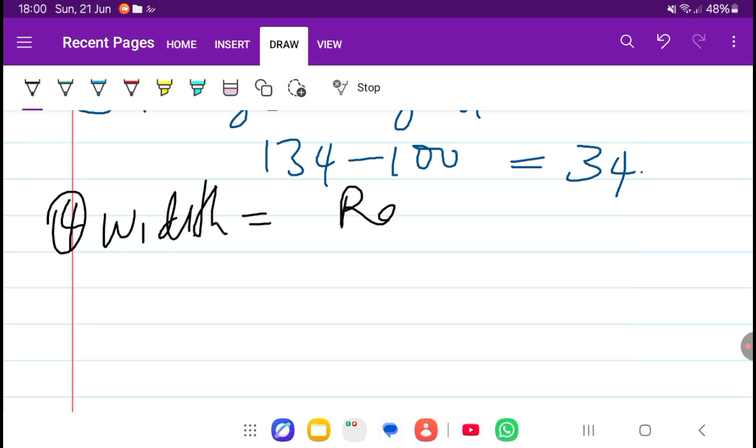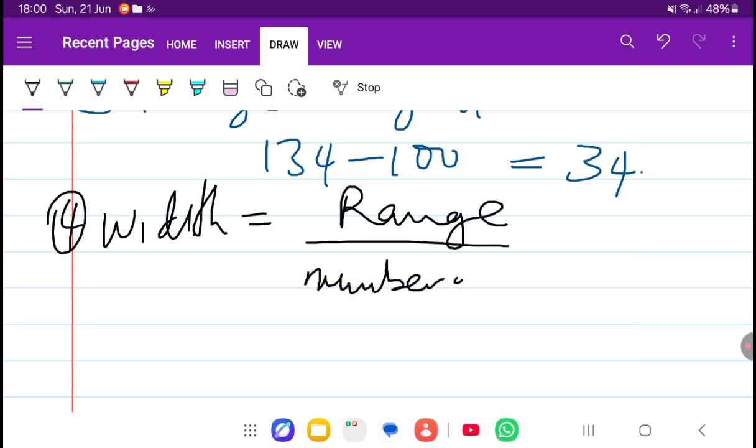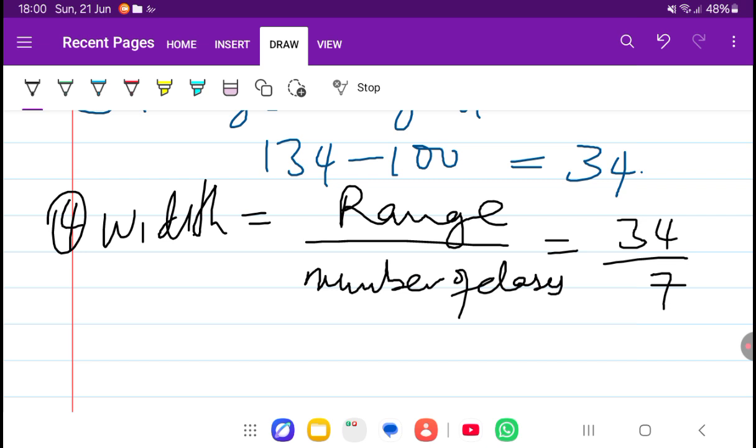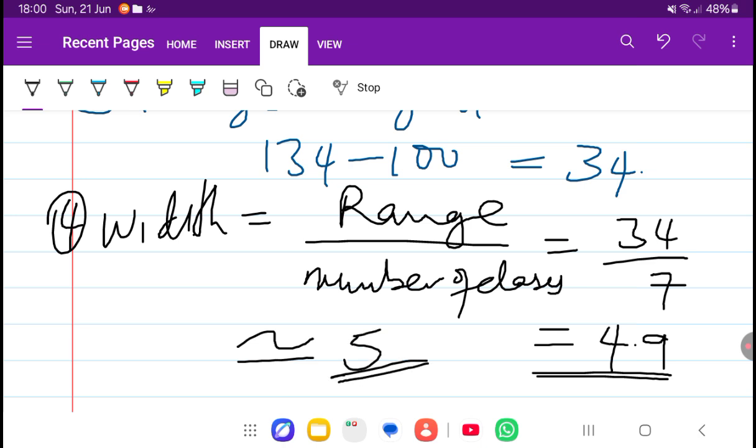We get the range over the number of classes. And the range, we got it at 34 divided by 7. And the answer we are getting is 4.9. We said we round upwards, so this one will be equivalent to 5. So we are taking our class width to be 5.